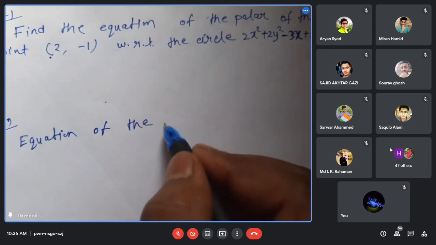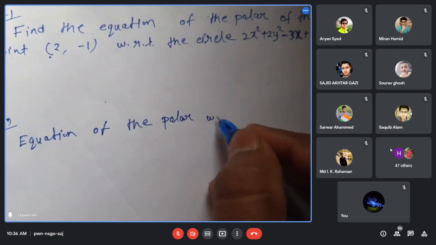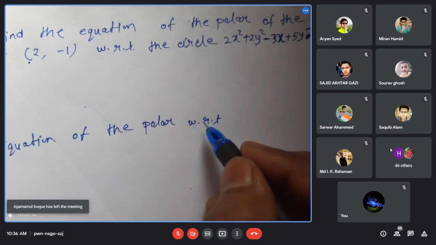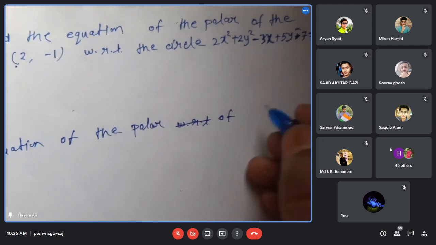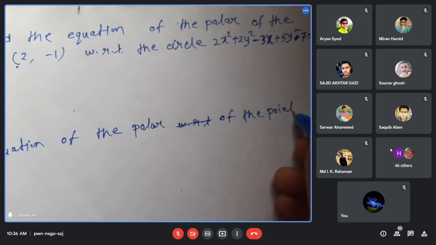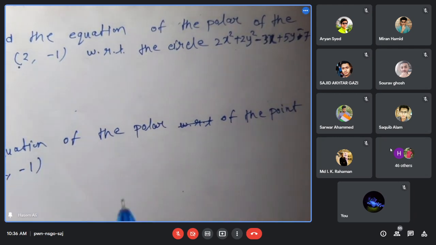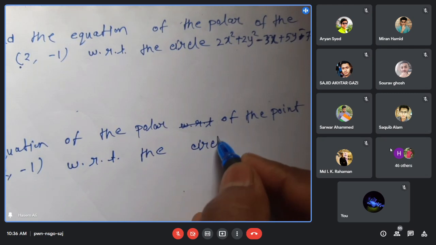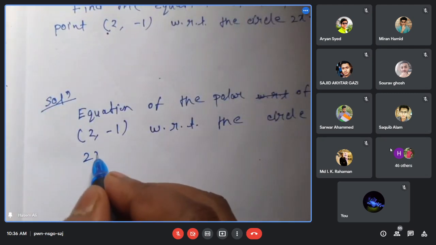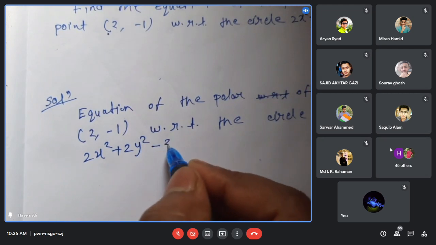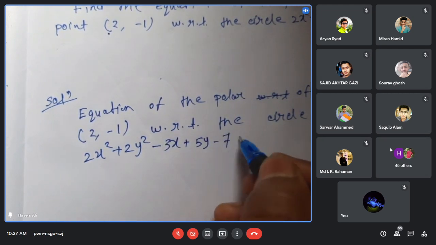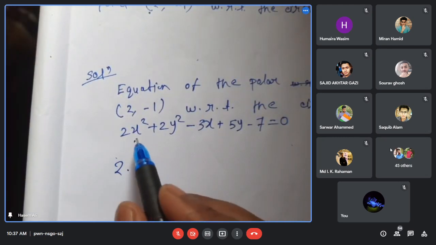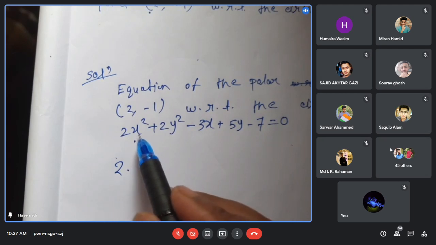Equation of the polar of the point (2, -1) with respect to the circle 2x² + 2y² - 3x + 5y - 7 = 0. Here 2x² means 2 and x on x instead of x².